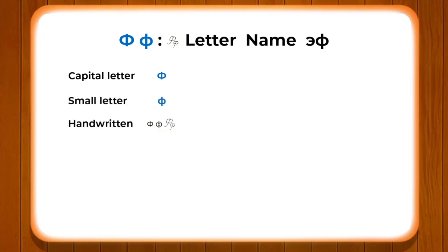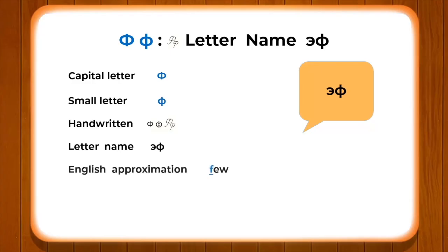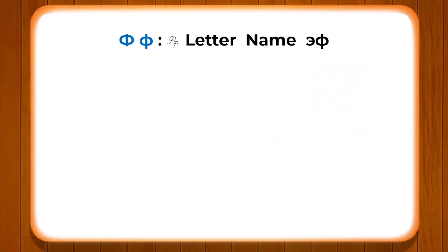Okay, so now this letter, which is very peculiar in the Russian language, is known as F. And we have certain examples with us. In English, we have used the word few, where you have this particular sound of the letter F. But in the Russian sample word, we have exactly the same sound as in the word flag.